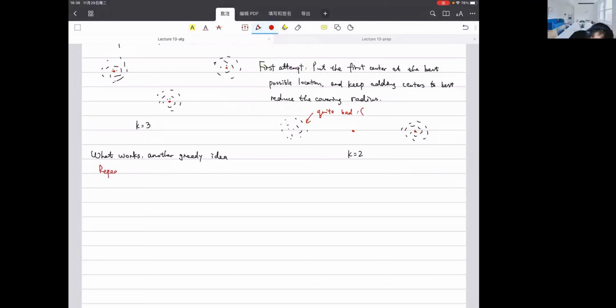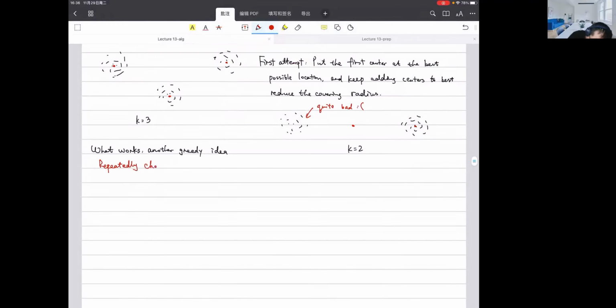We just repeatedly choose the next center to be a site. In this greedy algorithm, all the centers that we choose are going to be a site, an input set here.